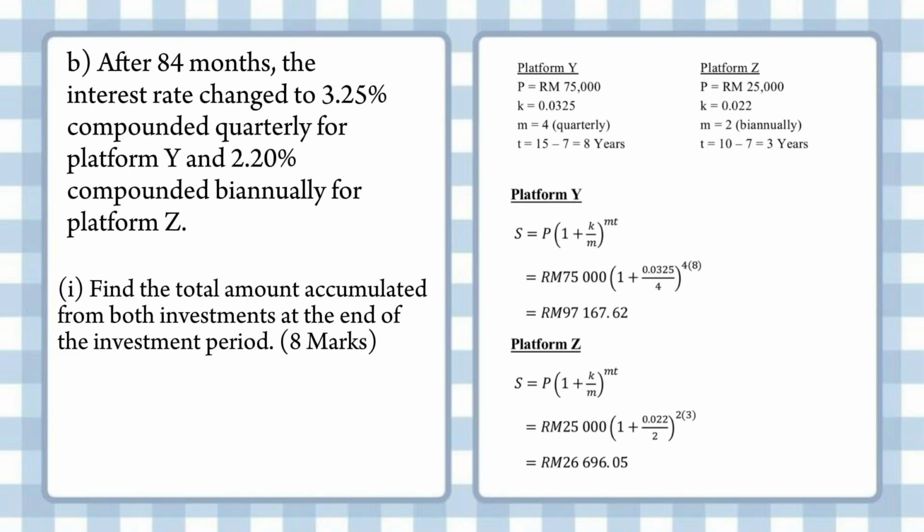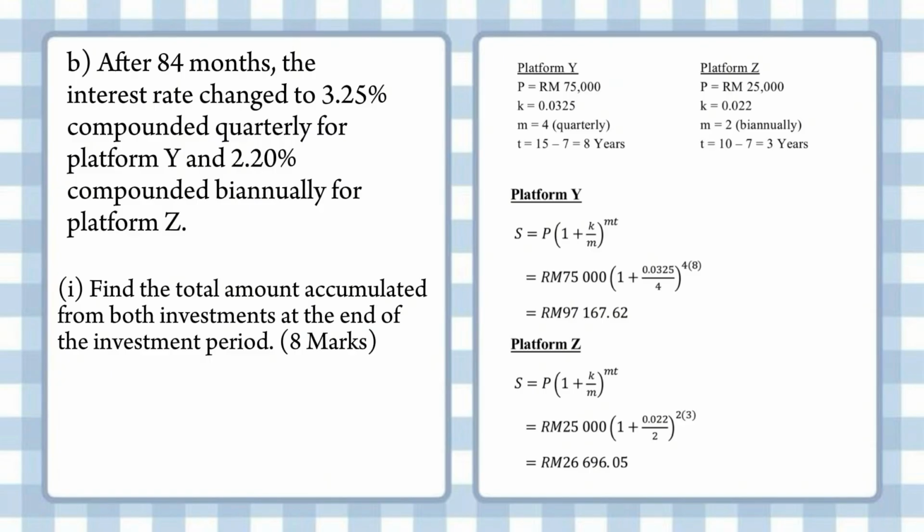Question B. After 84 months, the interest rate changed to 3.25% compounded quarterly for Platform Y and 2.20% compounded biannually for Platform Z. Question 1. Find the total amount accumulated from both investments at the end of the investment periods. First, let's identify the information we got from the question. For Platform Y, P equal to 75,000, K equal to 0.0325, M equal to 4, and T equal to 8 years.